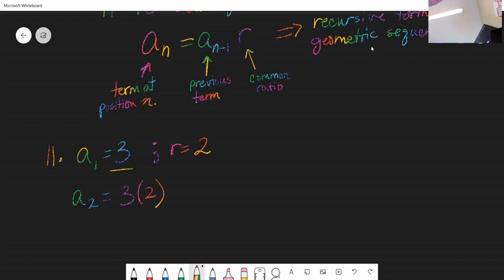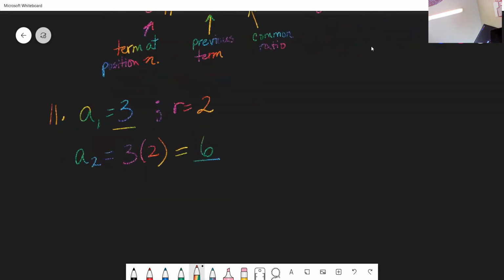I know, it's so easy, we overthink it. And therefore the term at position 2 is 6. Yes. All right. So Matthew, what's the term at position 3? Write out the formula. What's the term at the previous position? Right. And what's our ratio? Which means that the term at position 3 is 12.